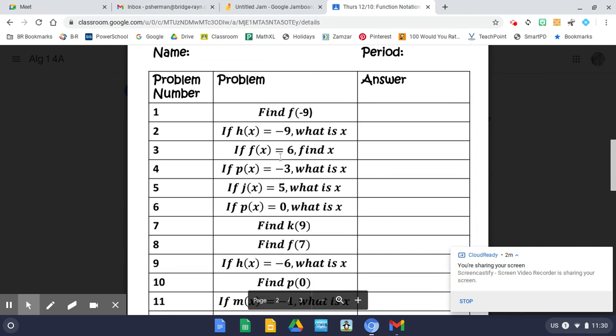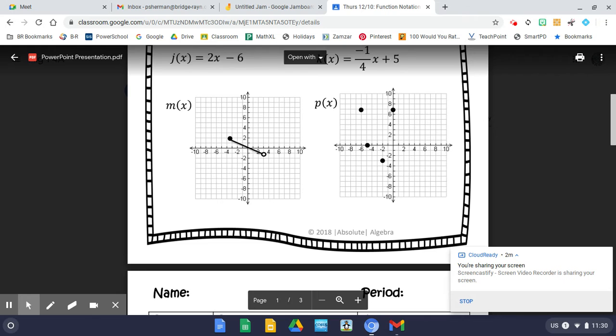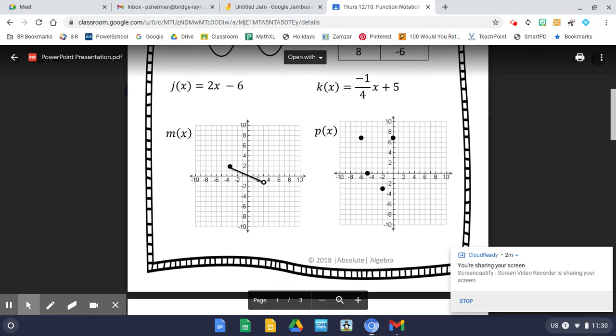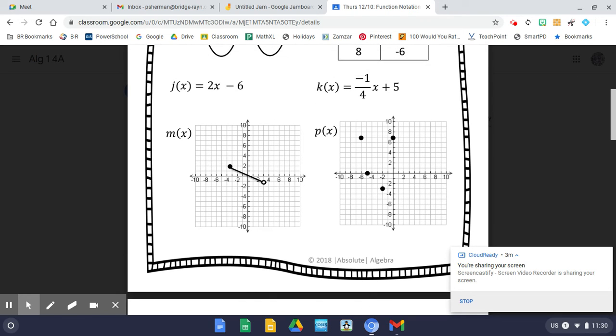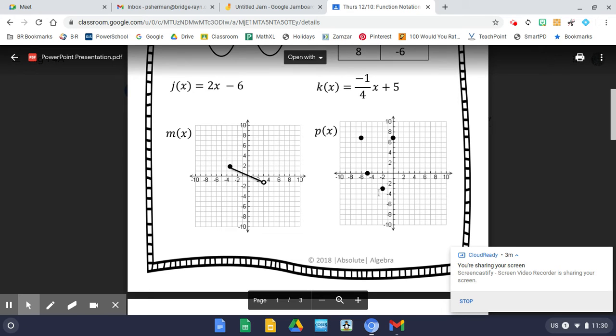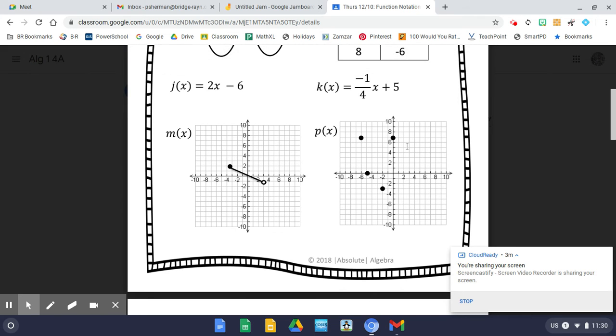I'm just trying to find ones that have different functions. Let's look at the p of x function. If p of x equals -3, what's x? Let's find p. Okay, so remember, p of x is my output. In this case, there are 4 points, right? 1, 2, 3, 4. We want the output to be -3.